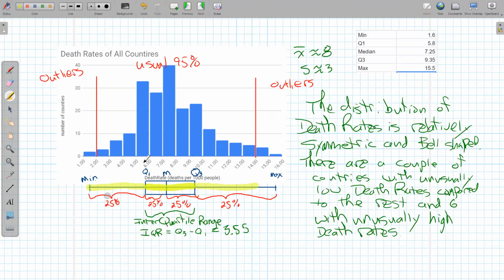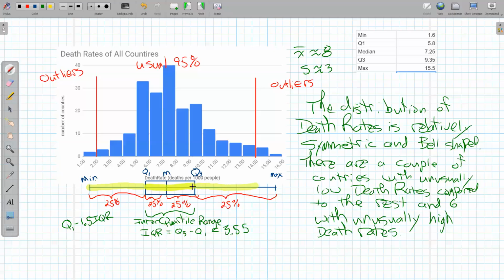So we're going to make these new boundaries, kind of like we use the standard deviation to make the boundaries above. We're going to use the interquartile range and the Q1 and Q3 to set up some other boundaries. The boundary on the left is going to be Q1 minus 1.5 times the IQR.